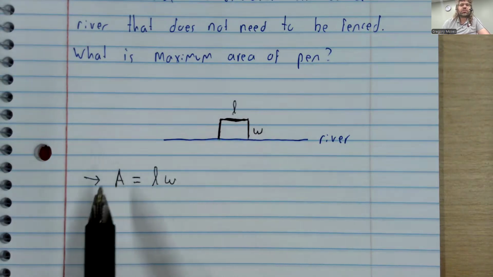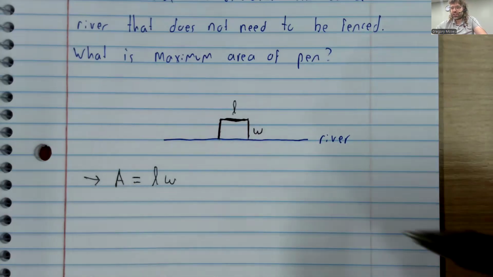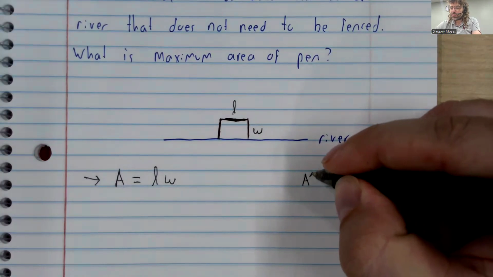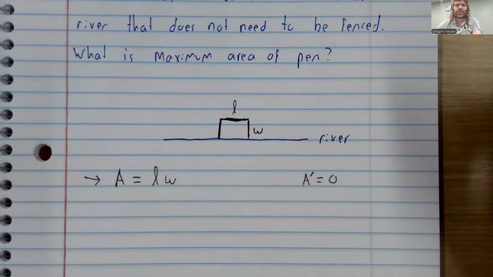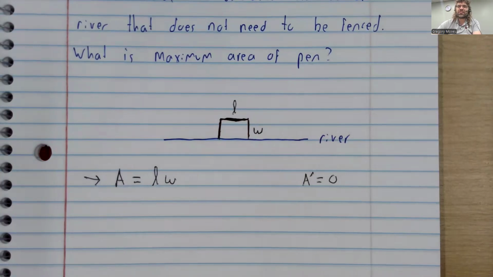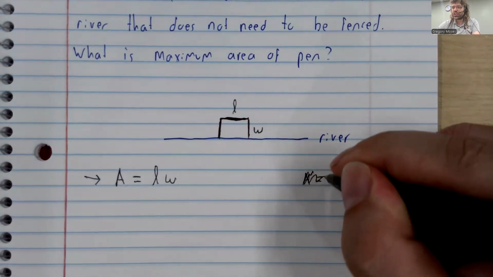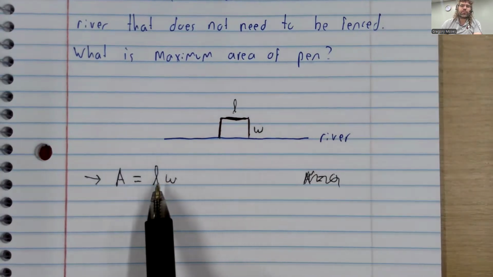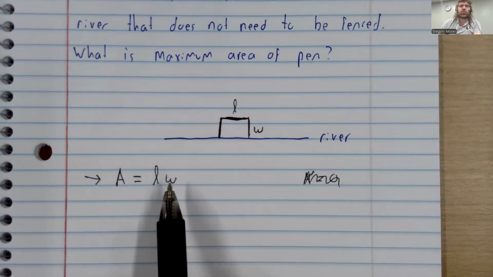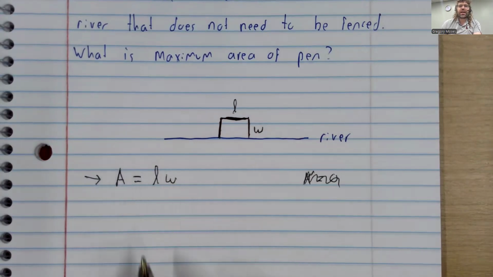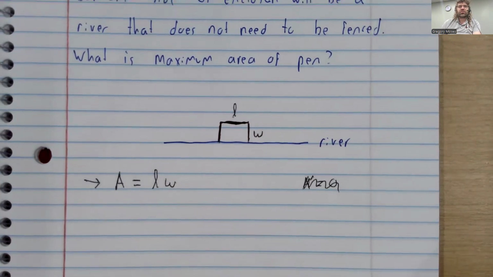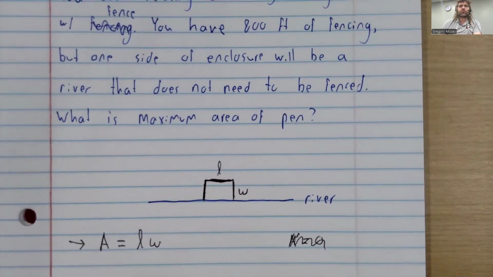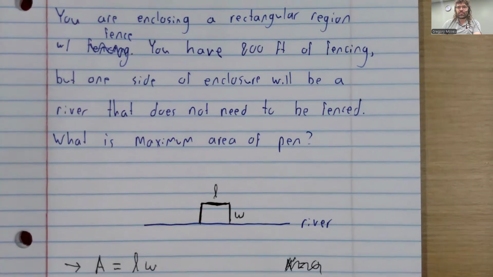That is, if we want to maximize the area, we're going to ultimately be taking a derivative and setting it equal to zero. But we don't know how to take the derivative when we have a variable L and a variable W. It is a problem that we have two variables, so we need to somehow get rid of one of them.